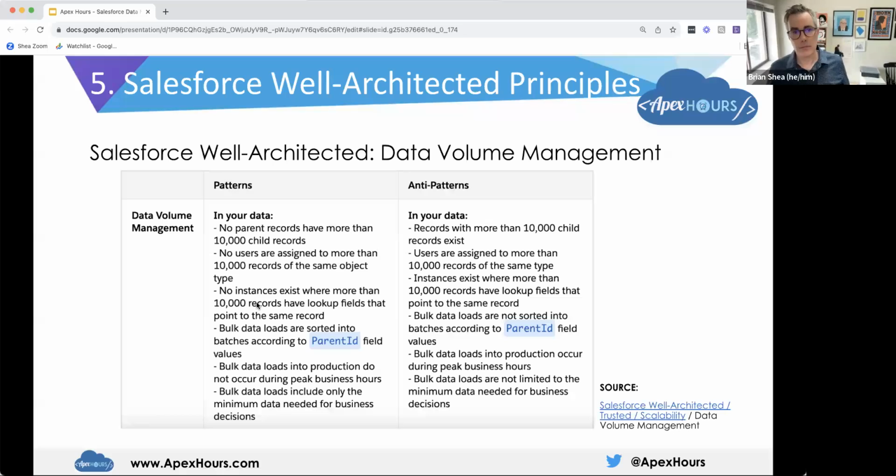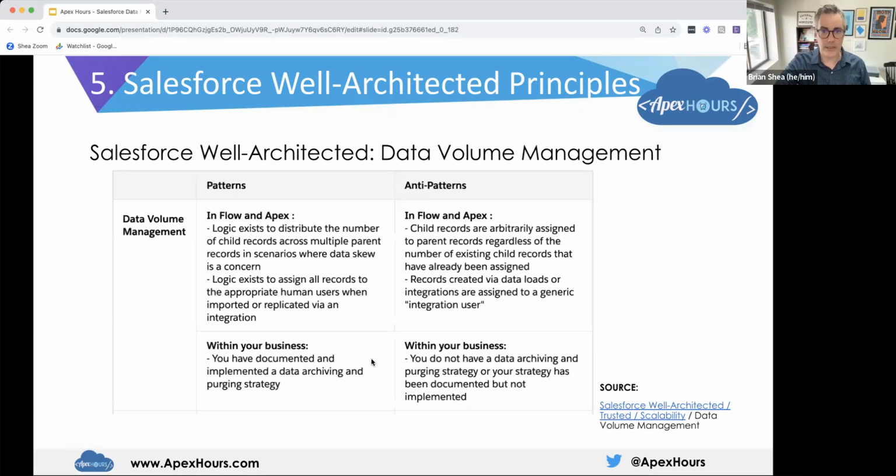Best practice is no more than 10,000 child records underneath one parent, and no user should be assigned more than 10,000 records on the same object type. Obviously there's more here that you can read through. We've got links here for data model optimization and data volume management in Well Architected.